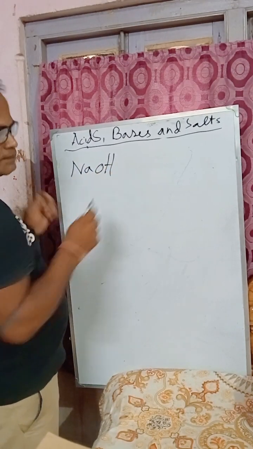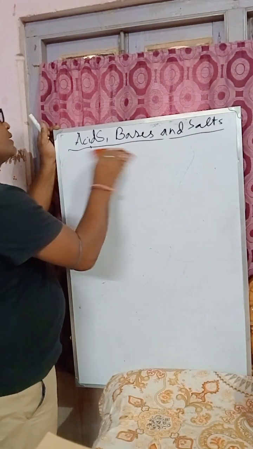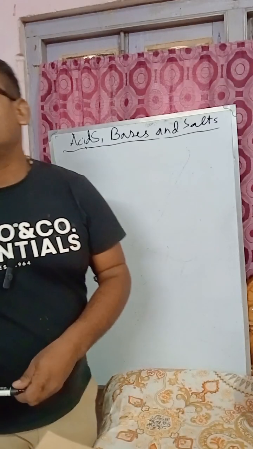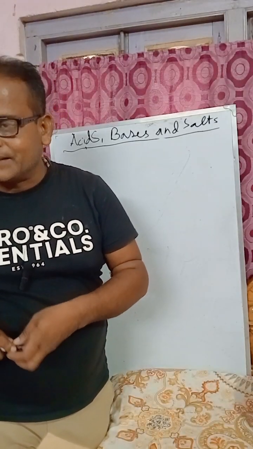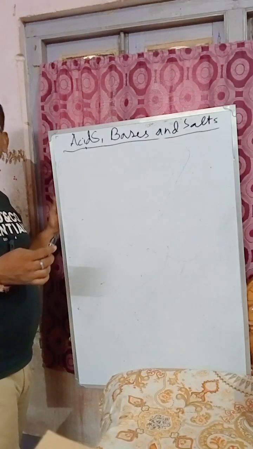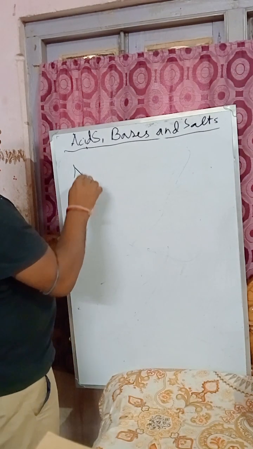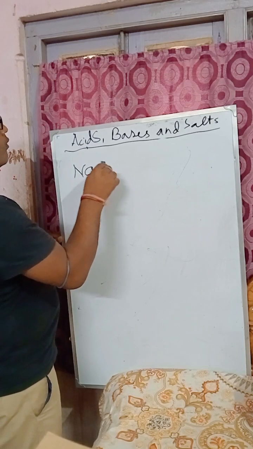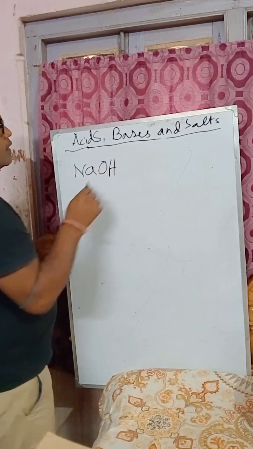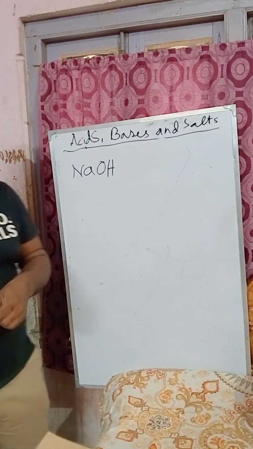Okay. Now we have to see what are the chemical names of bases. The chemical names of bases are what? NaOH. This is sodium hydroxide. Clear?